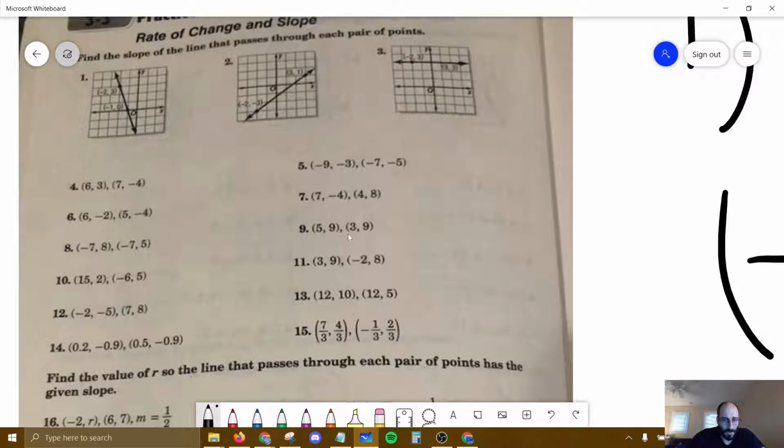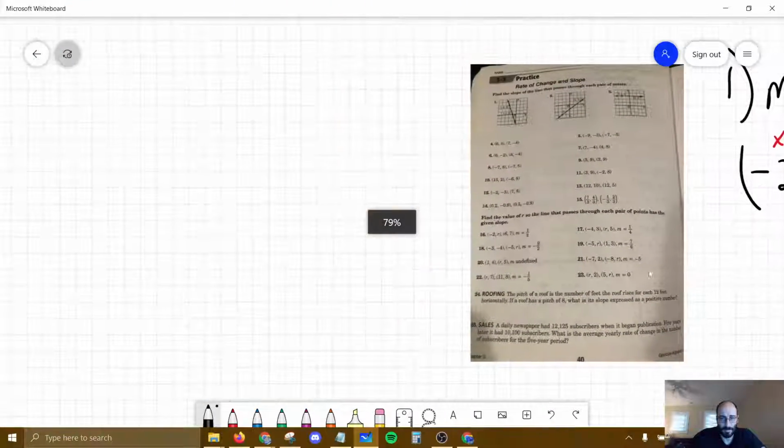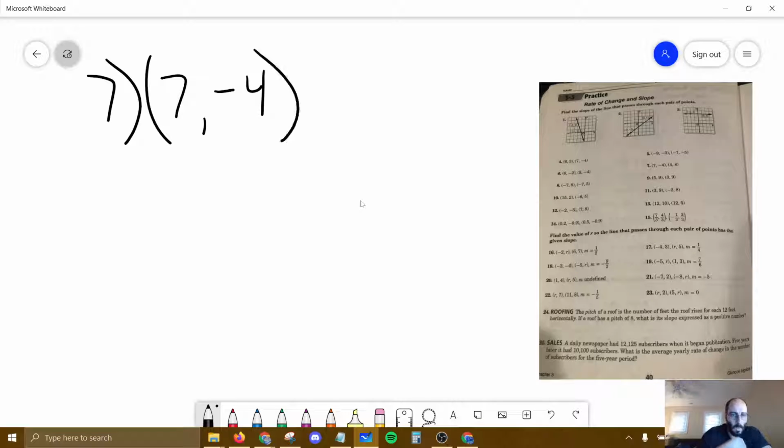So for here, let's just take one of these for example. Let's take number 7 here. Let's do that really quick. Number 7 gives us the points 7, negative 4 and 4, 8.